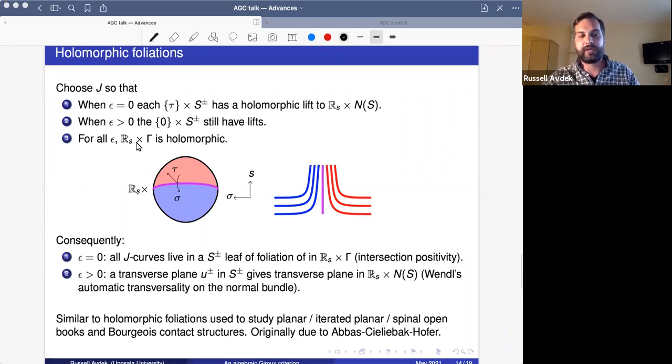And for all epsilon, the symplectization of the dividing set is holomorphic inside of the symplectization of our neighborhood of our convex hypersurface. So we take our picture from before, we have the convex hypersurface multiplied by the real line for our symplectization direction.